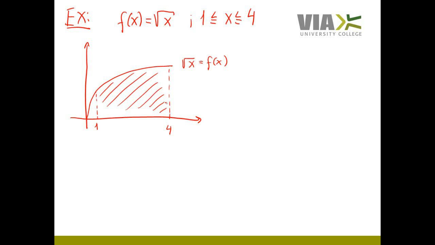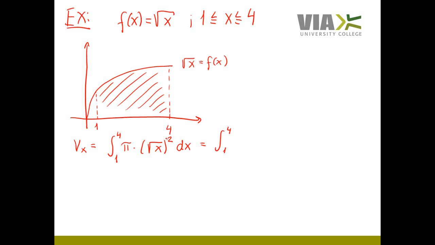Well, that's what we would like to calculate now. So this volume V_x we can calculate as the integral with the limits 1 and 4 of, and then we remember that we calculate the volume rotating about the x-axis to be equal to pi times f(x) squared, which in this case is the square root of x squared dx.